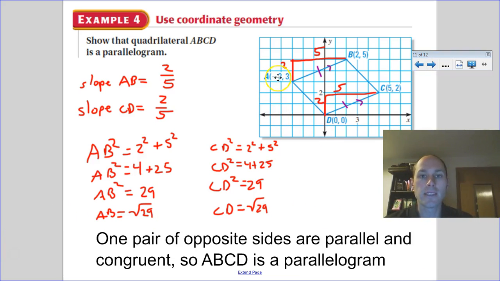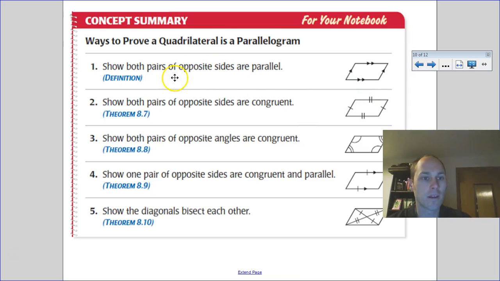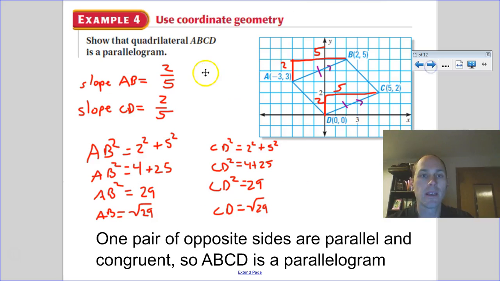Okay, so what I did is I used the 4th method listed here in the summary sheet, and I found the slope of opposite sides, up 2 over 5. So AB and CD both have the same slope. So since lines have the same slope, lines are parallel. So I know that AB is parallel to CD.